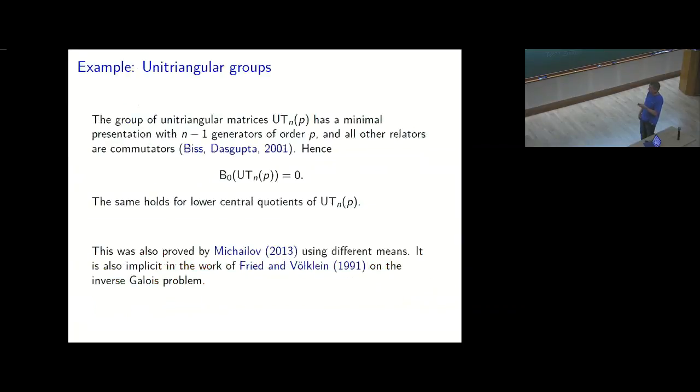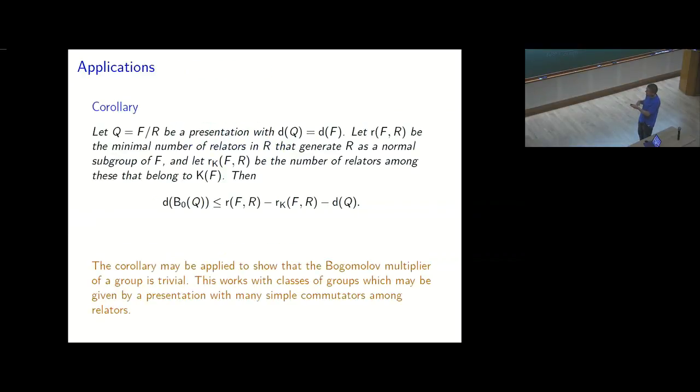For instance, if you look at the group of unitriangular matrices, there is a nice minimal presentation with n-1 generators, which have order P, and all other relators are commutators. Which means that if you plug in, oh, sorry, no, it's just the number of, because what is this thing?